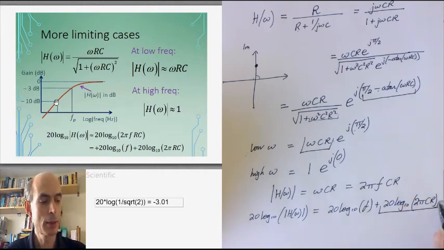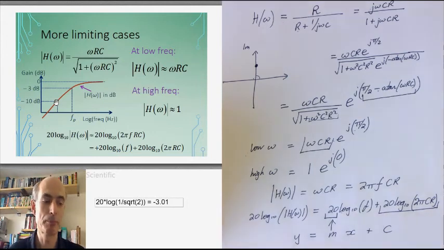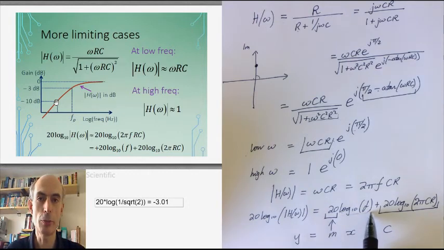That is a constant. This is a gradient of 20 if I plot the amplitude gain in dBs on my y-axis and the logarithm of the frequency as my x-axis. I would end up with a straight line with a gradient of plus 20. And that's 20 decibels per logarithm of frequency.